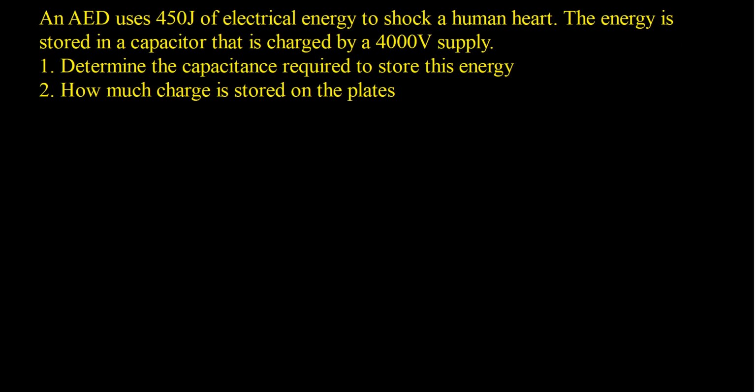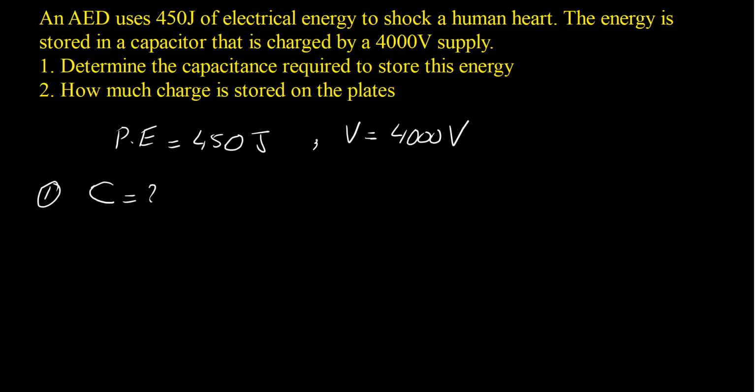Now what I do have is the potential energy stored in this capacitor, and I have the voltage, it is 4000 volt. For the first part of the question, asking for finding the capacitance, it is the C. So once again, I need to think about which formula of the potential energy or the stored energy in a capacitor will serve my need.